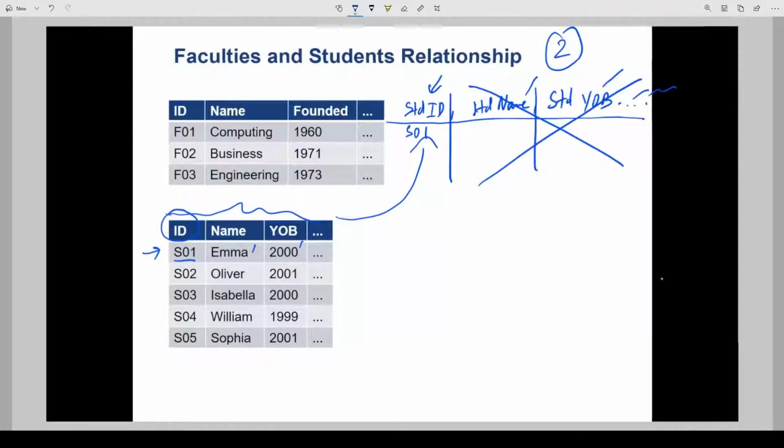So the second option is wrong, because it's not the simplest solution. So no second solution.